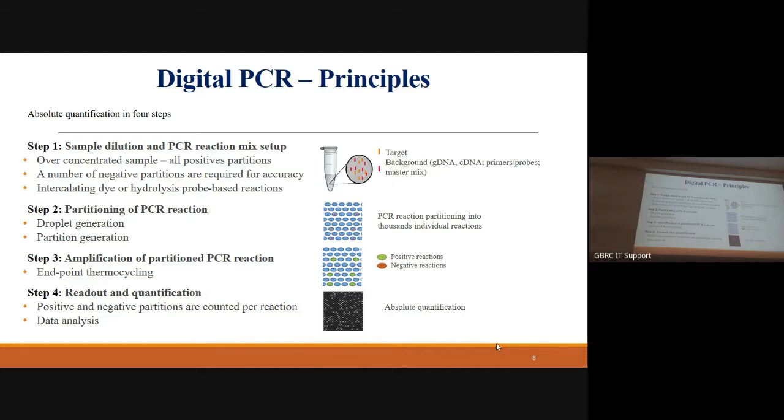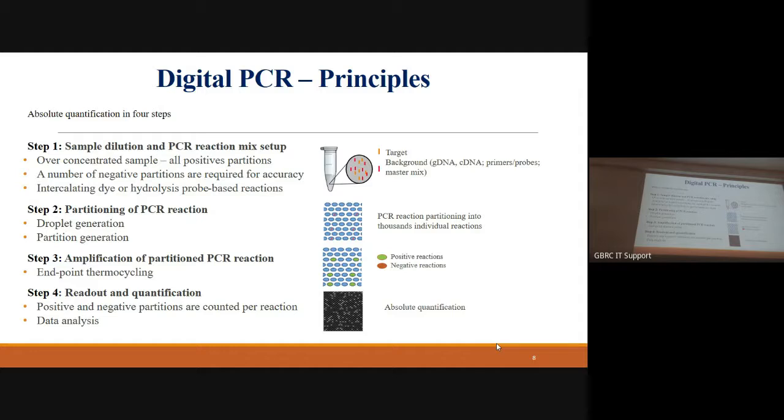So it can be through the droplet, but here we have a QIAGEN-based QIAcuity digital PCR. It works with partition generation. We have two kinds of digital PCR plate: an 8.5 thousand partition plate as well as a 26,000 partition plate.